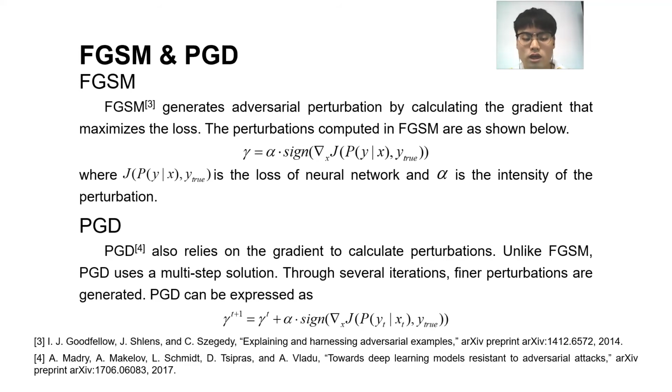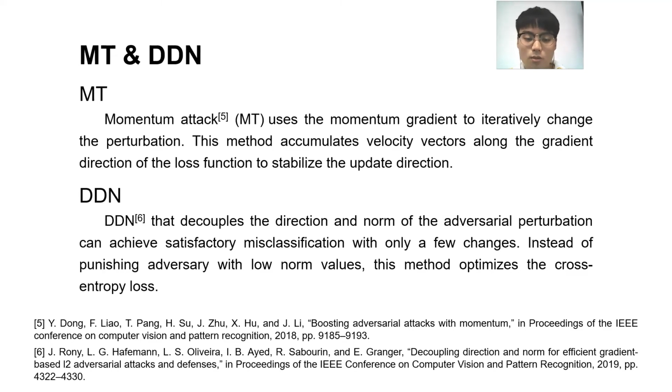Unlike FGSM, PGD uses a multi-step solution. Through several iterations, final perturbations are generated. Momentum attack uses the momentum gradient to change the perturbation. DDN, which decouples the direction and the norm of the adversarial perturbation, can achieve misclassification with only a few changes.